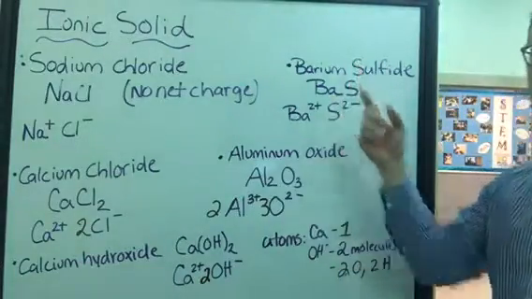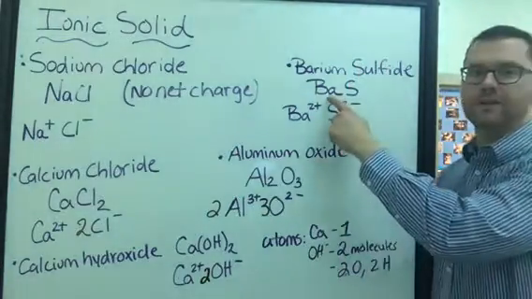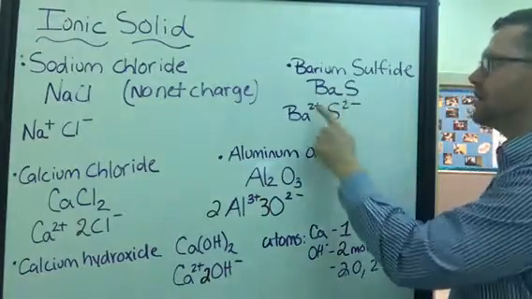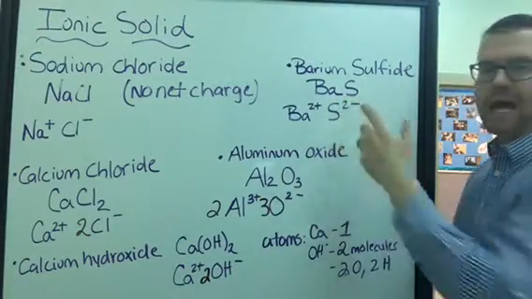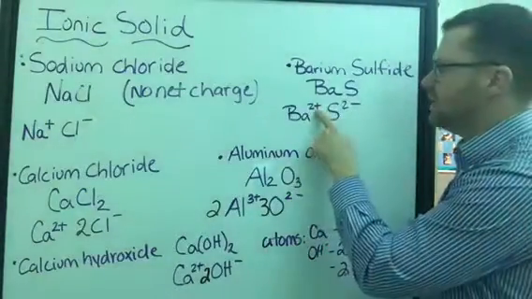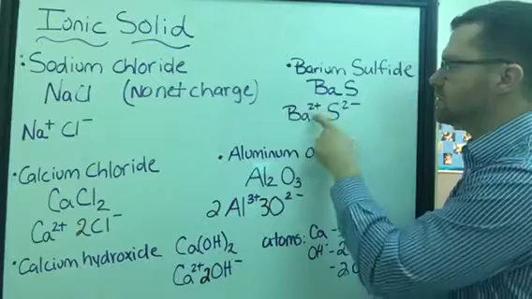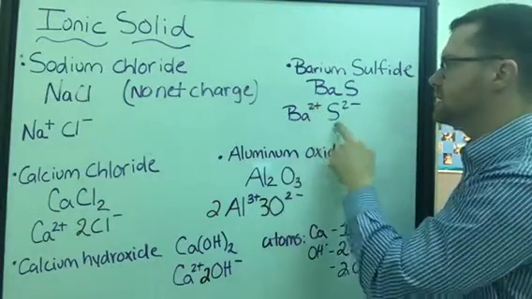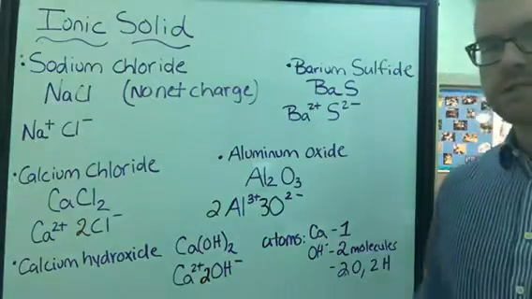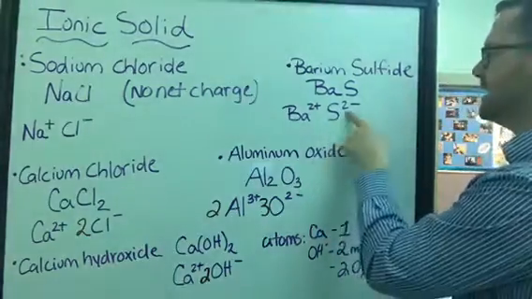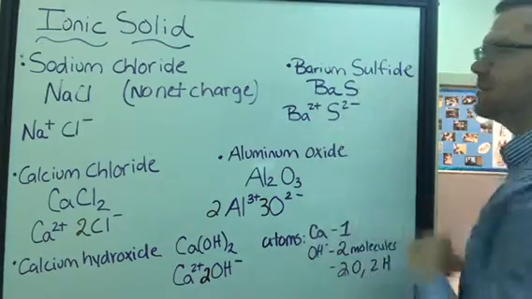Take a look at barium sulfide. In barium sulfide, or BaS, again, we have balanced charges. And so you would think there's ones here, and it's actually a 1-to-1 ratio. But if you look on the periodic table, you'll see that barium's in group 2, which is a 2+, and sulfur is in group 6, so it has a 2 negative charge.